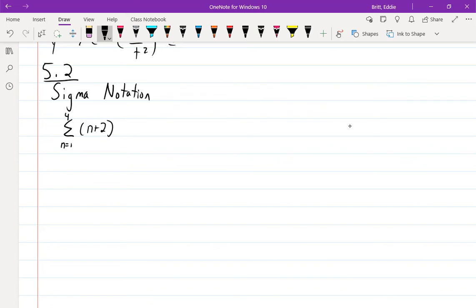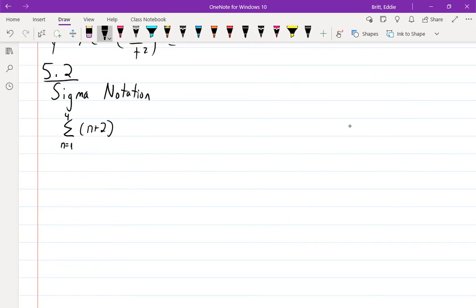Then this lower number here is like a lower boundary of summation. The number 1 is. The number on the top, 4, that's an upper boundary of summation.